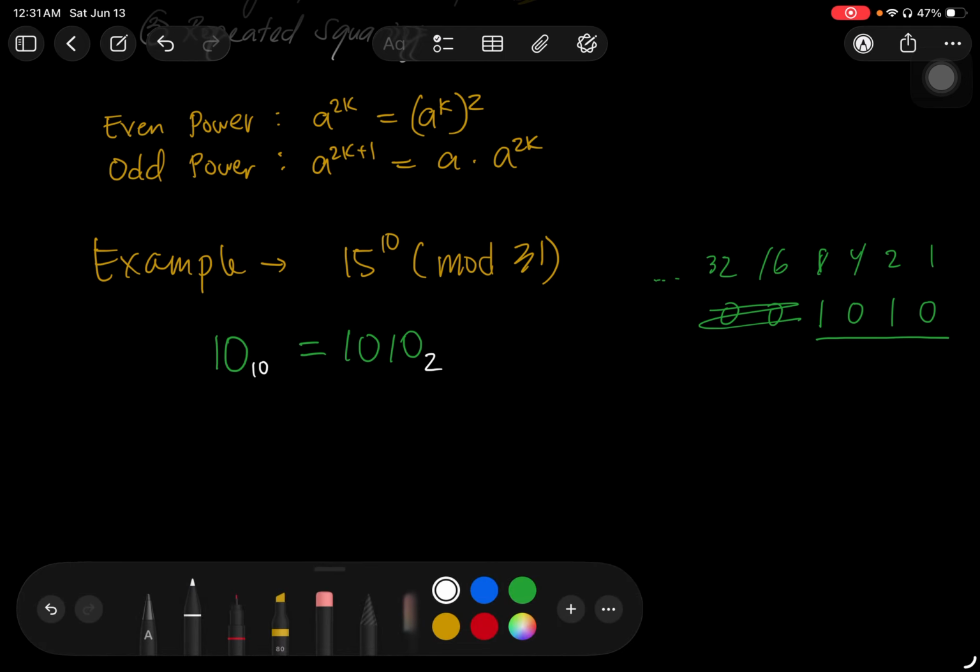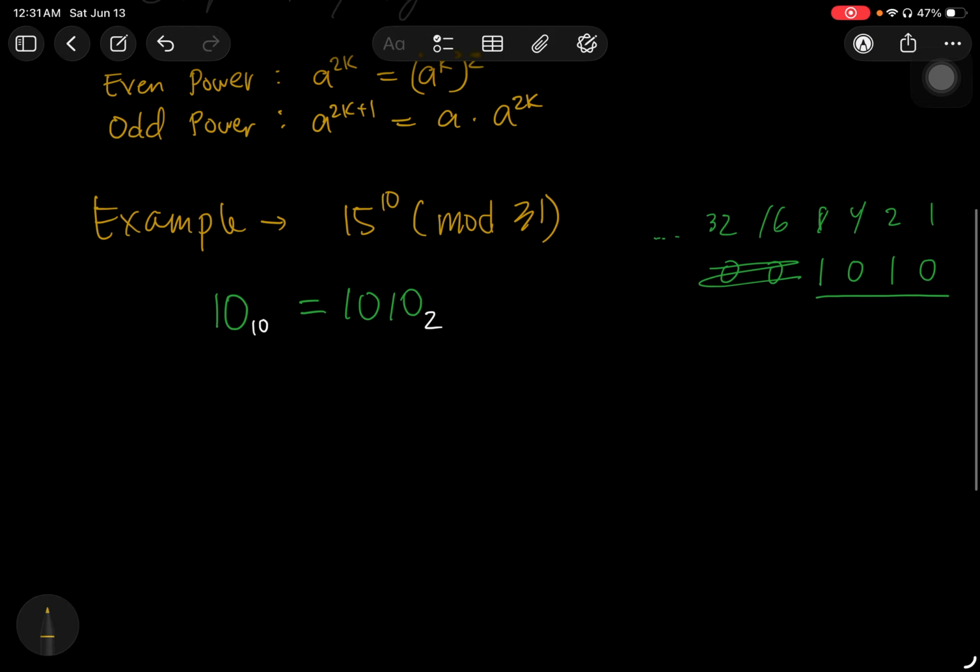Now let's proceed. We will be using the base and raise it to the patterns that we have, or the binary patterns. So 15 raised to 1, then 15 raised to 2, 15 raised to 4, and 15 raised to 8.